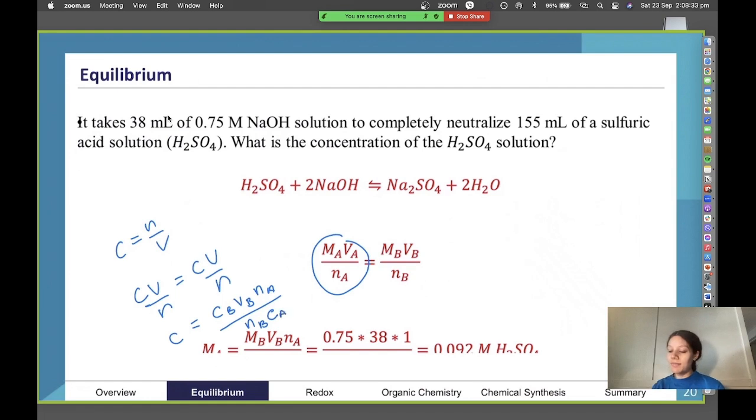Not the concentration, sorry, the volume of the acid, goodness me. So if we sub all those values in, we end up with 0.092 molar of sulfuric acid.